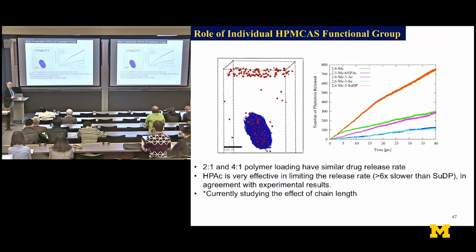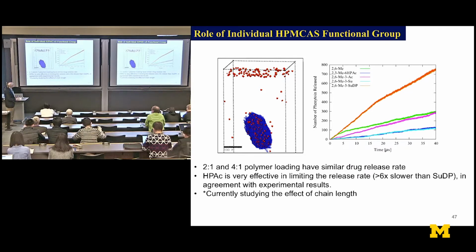And then we find the effect of the polymer composition on drug release. So you find a very large effect of the particular composition of the polymer on drug release. And we want this actually to be slow, because if the drug comes out too fast, then it's prone to crystallize. So the excipient is designed to slow the release of the drug from the solid dispersion particle.